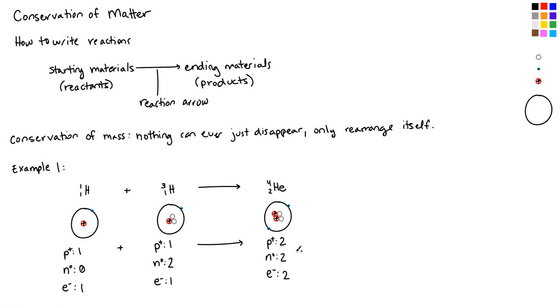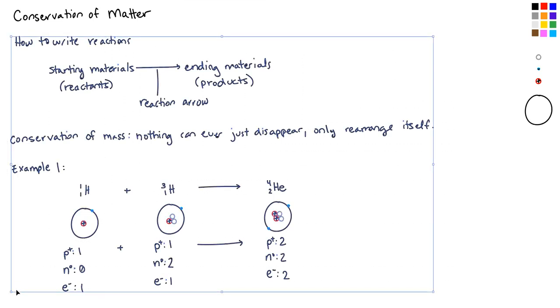And they do. So this is a perfect example of our conservation of matter idea. So I'm going to now do another example, okay? So I'm going to erase this stuff, and we're going to look at another example.